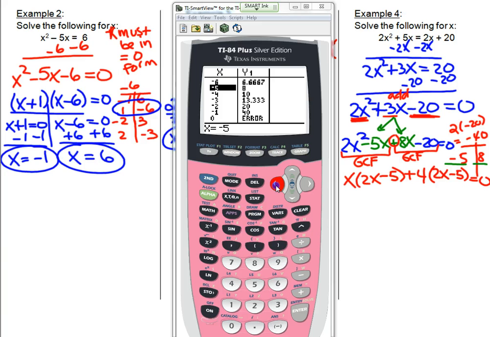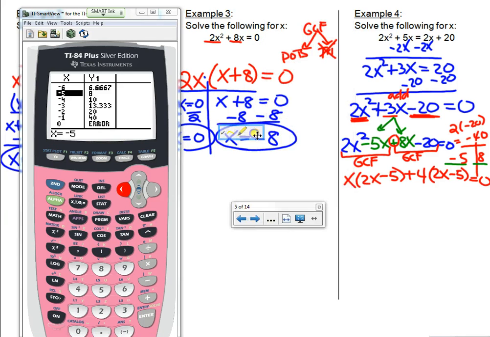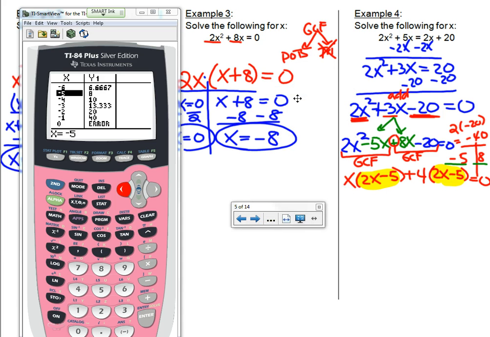If you do this properly, you're going to have two matching parentheses, and those two indicate that there is a GCF. So these and these match. So now we're going to pull the 2x minus 5 out, and the two leftover pieces come together. So there's our factored form.